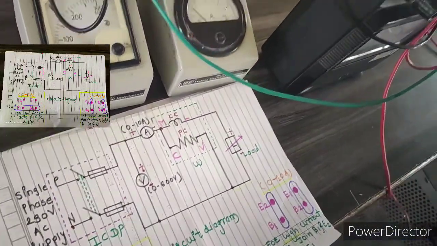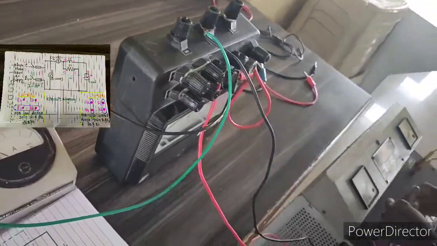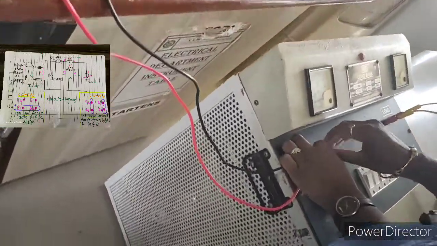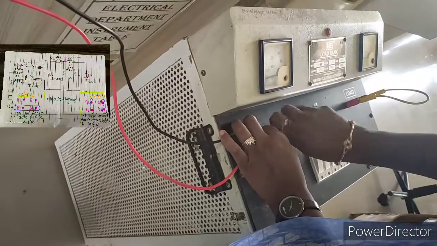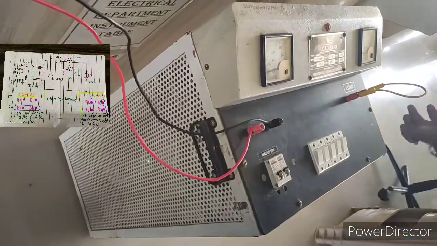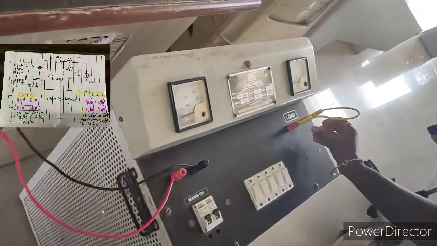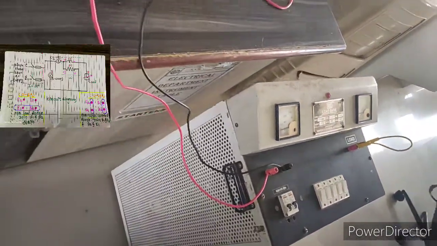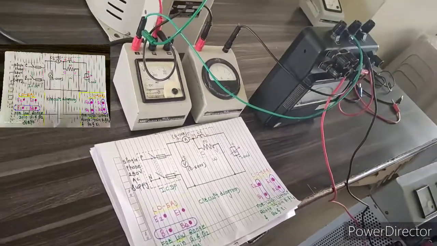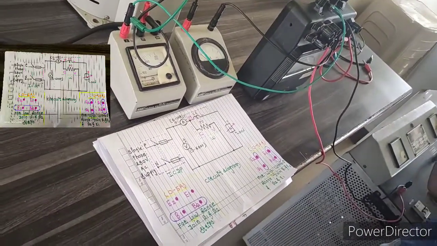So here is the negative terminal of the load bank. For the closed circuit, I have closed these two terminals. These are always short circuited. So now we will see actually the readings of the practical setup.